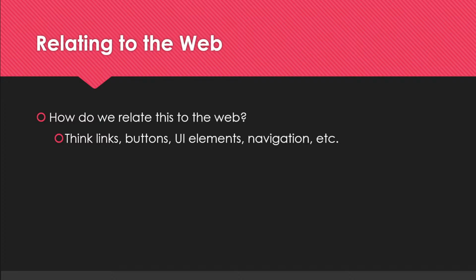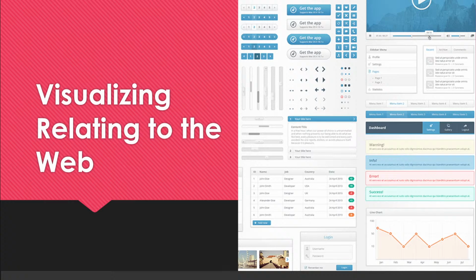So let's look at a few things. Let's look at a few elements, and we can determine what our affordances and signifiers are. We have some good examples here.